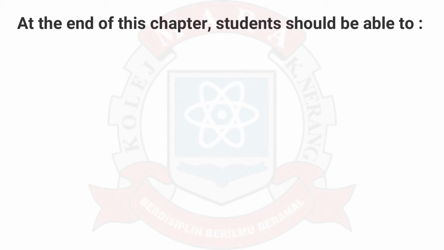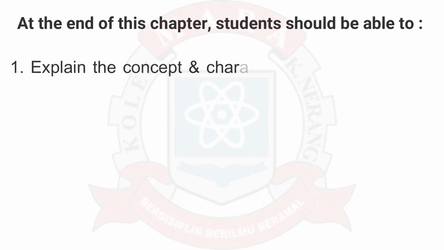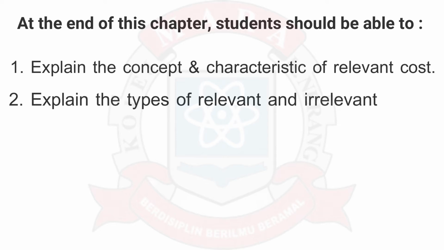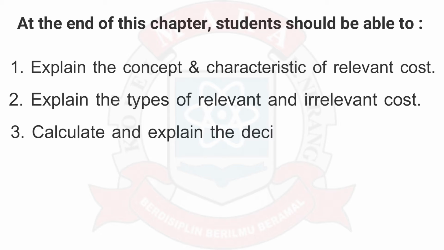At the end of this chapter, students should be able to, first, explain the concept and characteristic of relevant cost. Second, explain the types of relevant and irrelevant costs. Third, calculate and explain the decision based on: 1.